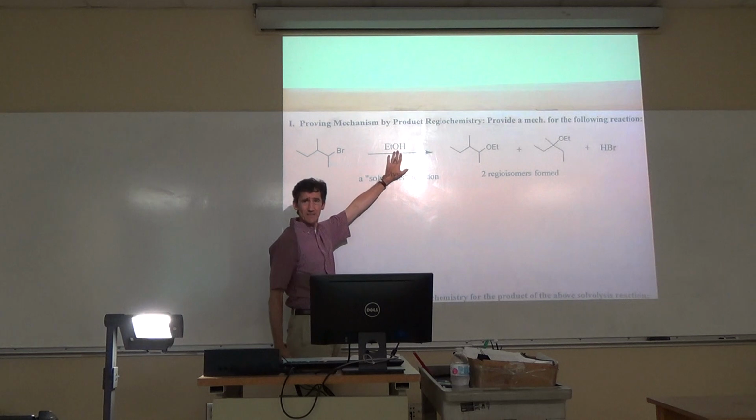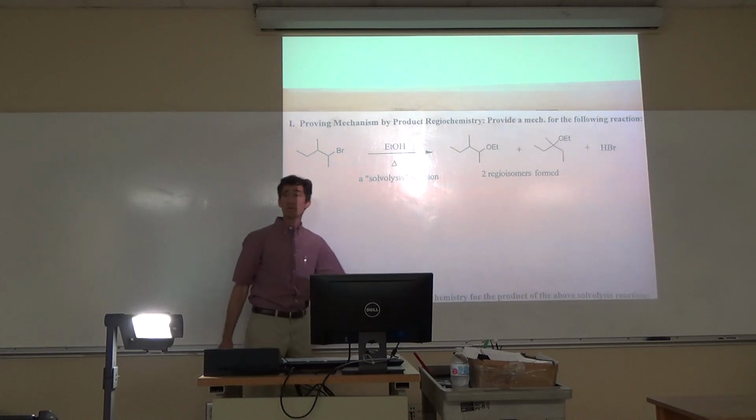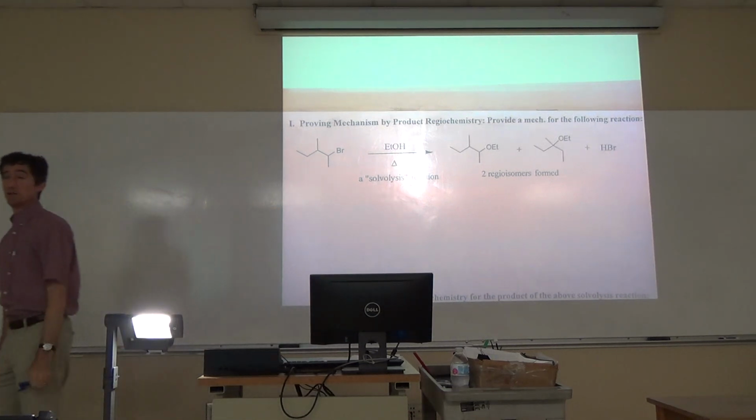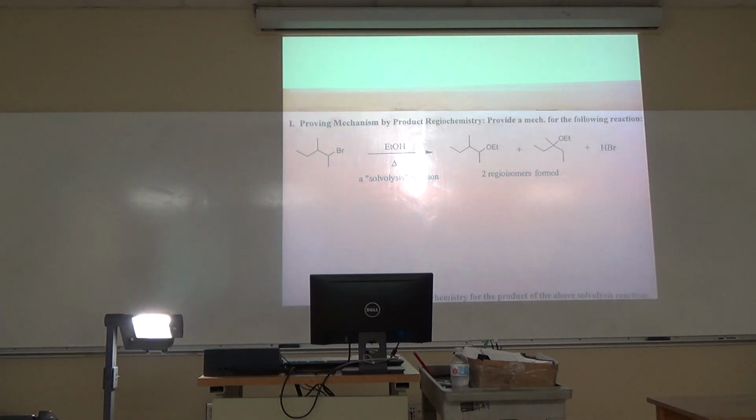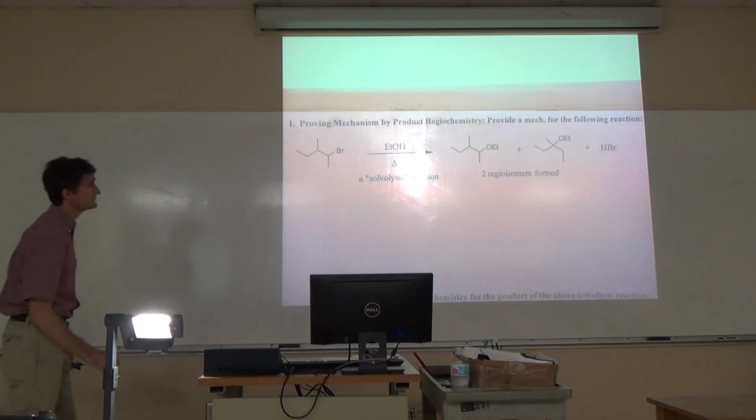Now, ethanol is kind of like a solvent, and here the solvent is reacting. That's why it's called a solvolysis reaction. If your solvent does react, we call it a solvolysis reaction. So this is almost like heating it in a solvent, but the solvent reacts.